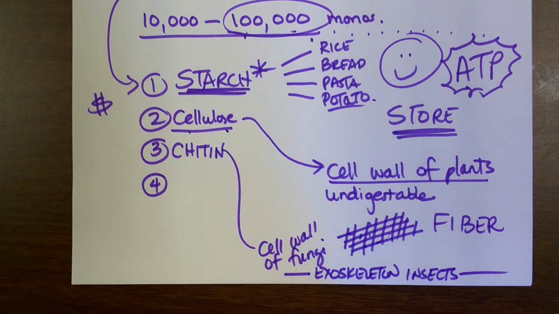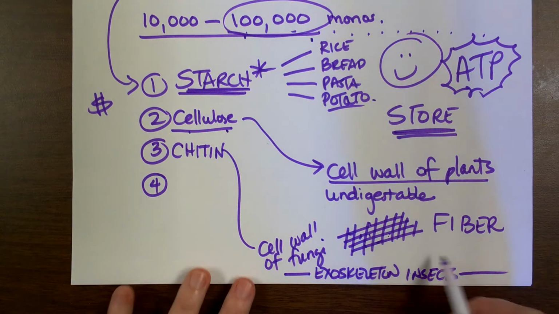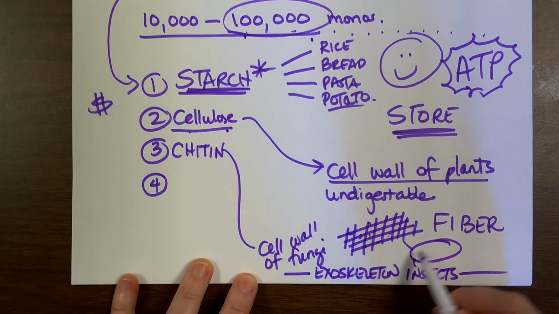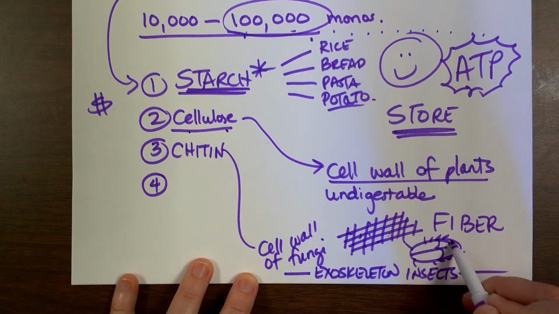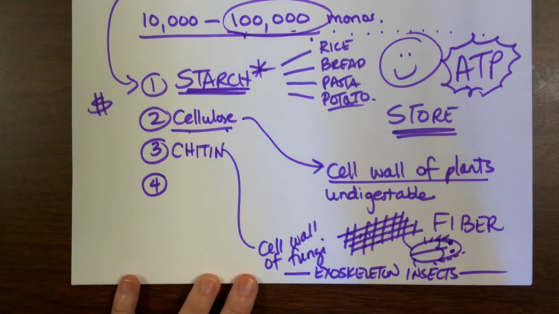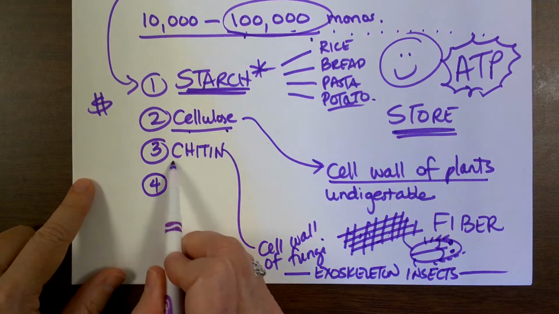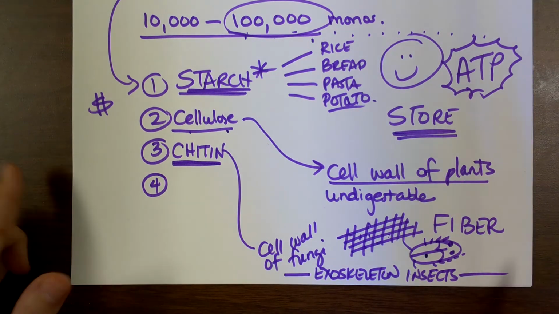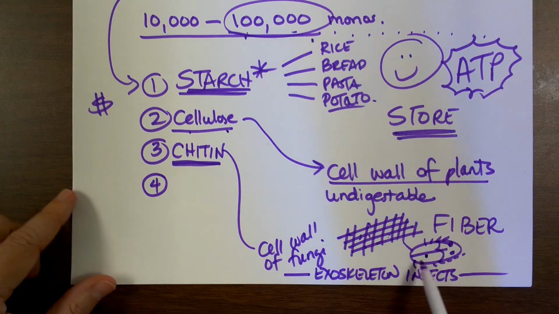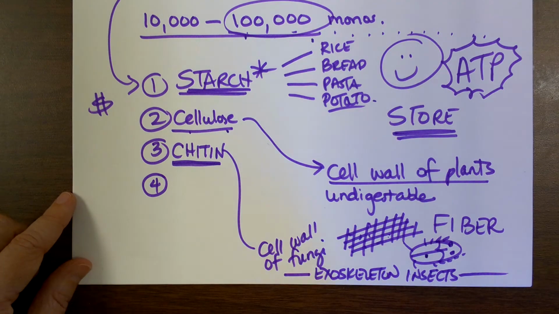So basically, when you step on a bug and you hear it crunch, okay, that is its little shiny, crunchy, sugary shell that you have just crunched. It's made of chitin. So if you ate a bug, you would actually get some protein from their little tiny muscles, and you would get some carbs from their shell.